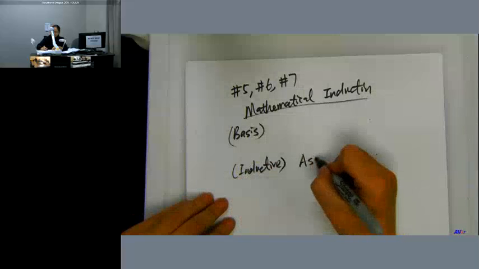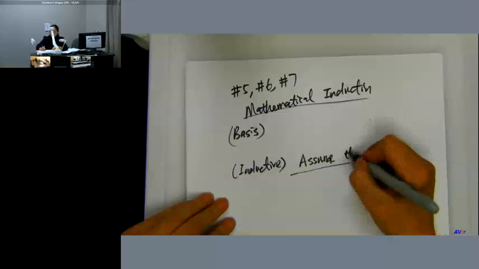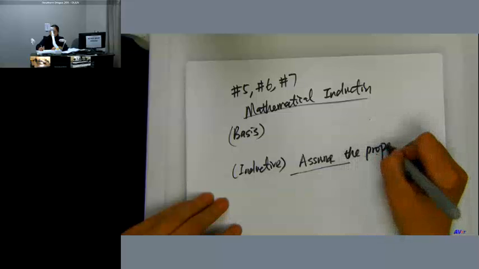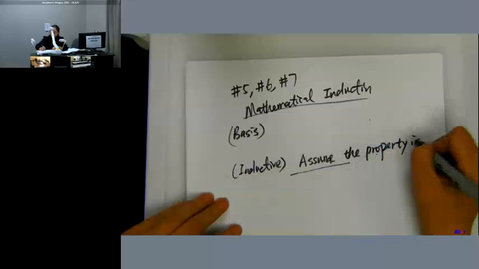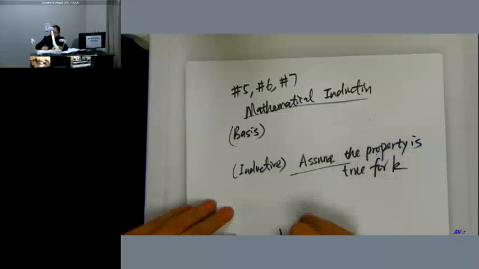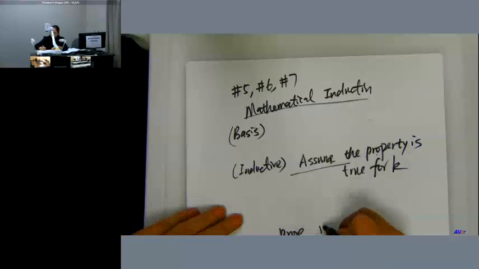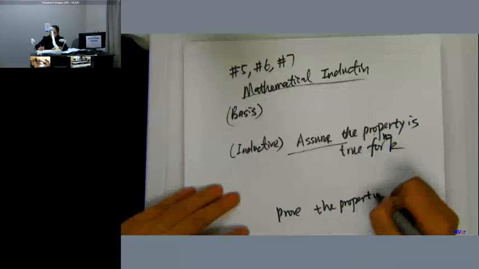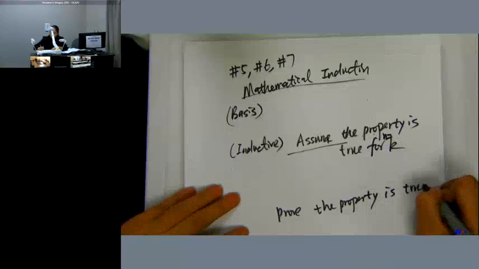Always assume the formula or the property is true for n equal to k, and prove the property is true for n equal to k plus 1.